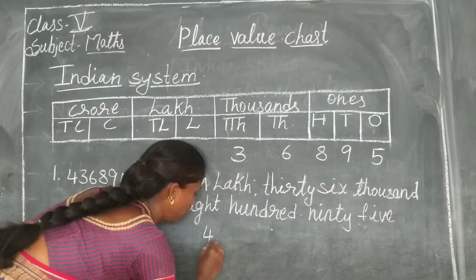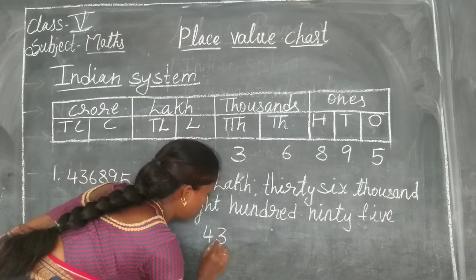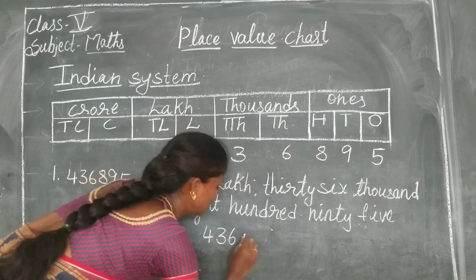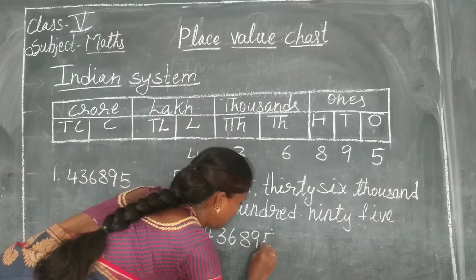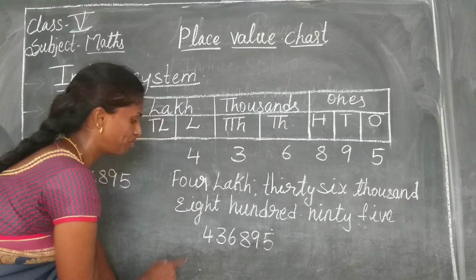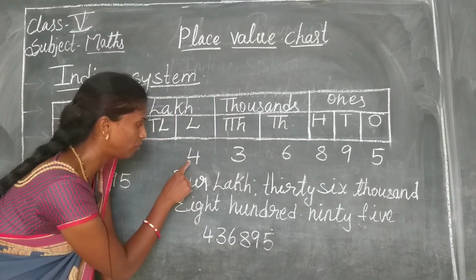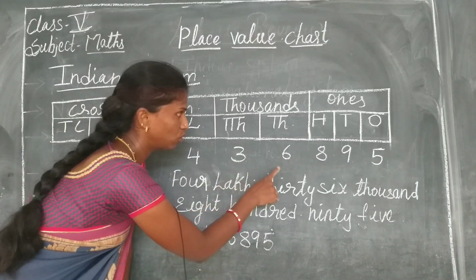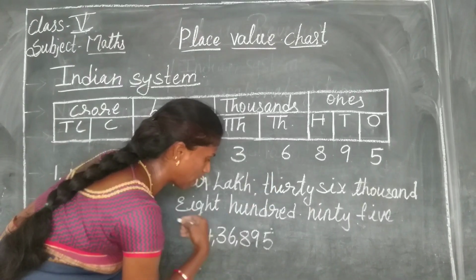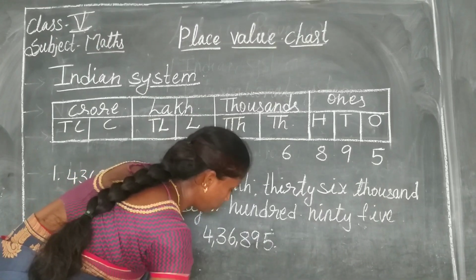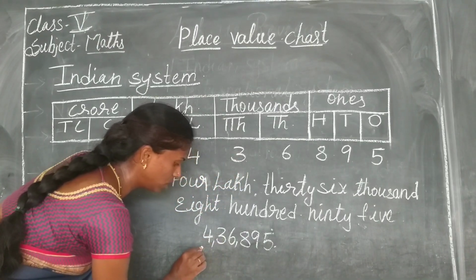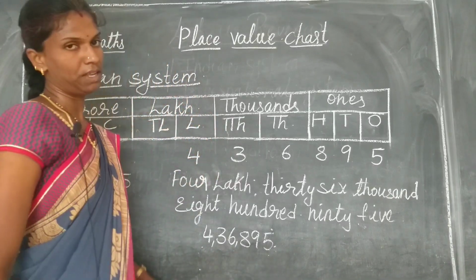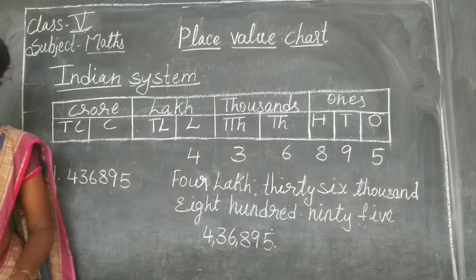So where do we have to put the comma? After 4 in lakhs place, we have to put one comma. 36 are in thousands place, 36,000. After that we have a comma here and a full stop. So 4 lakh 36,895 is the value. Let us take some more examples.